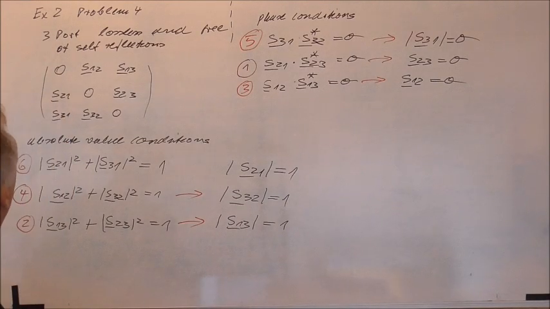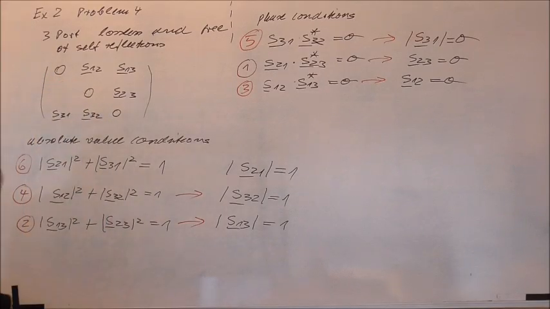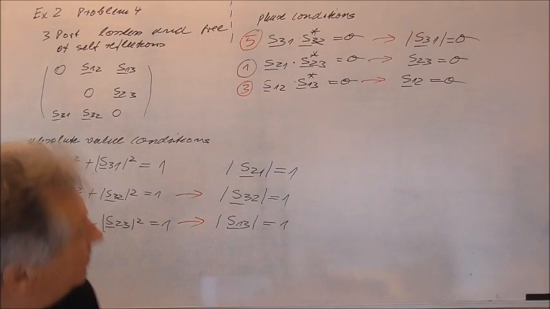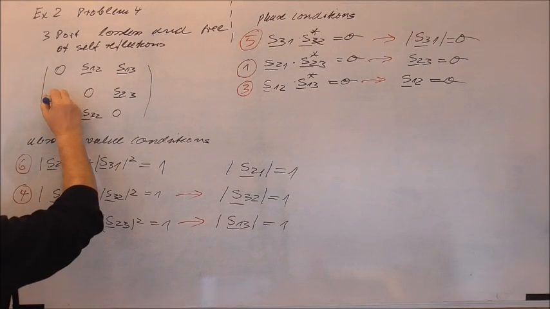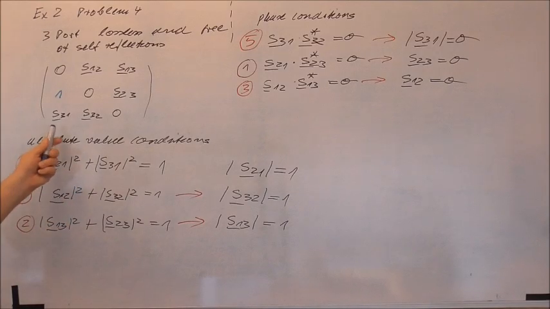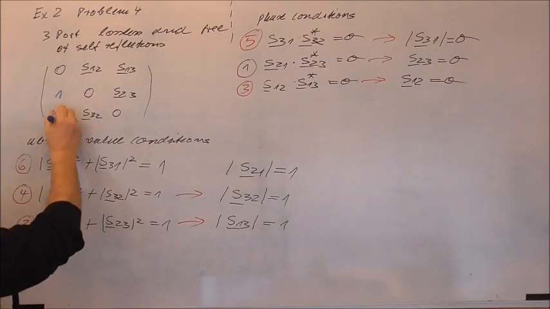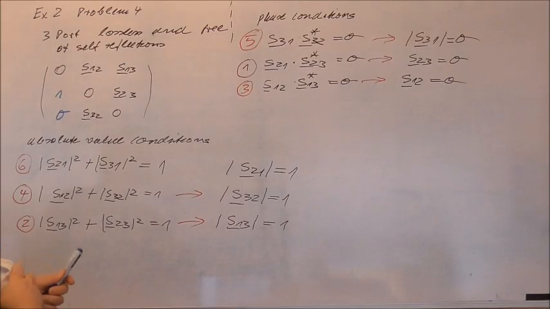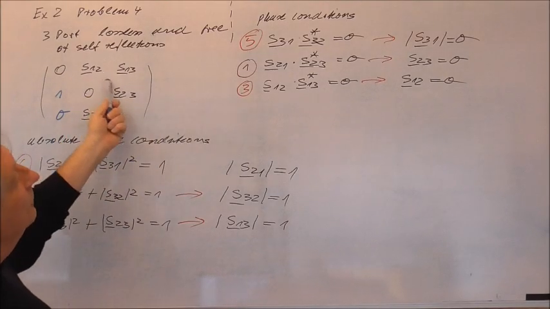So you see here, we have a 1. Perhaps I introduce these elements first. Here we have a 1. We have a 1 here. S31 is 0. Then we have a 0 here. Then we look at S12, which is 0.